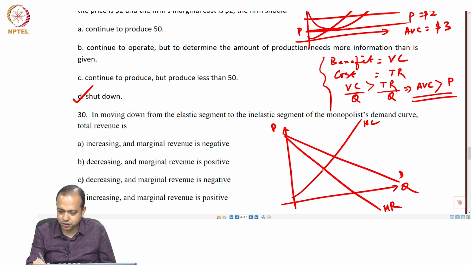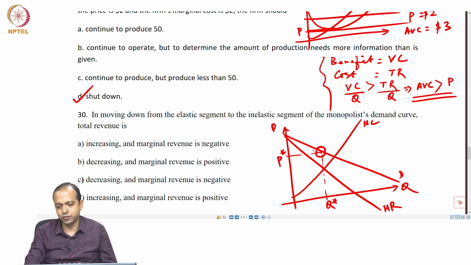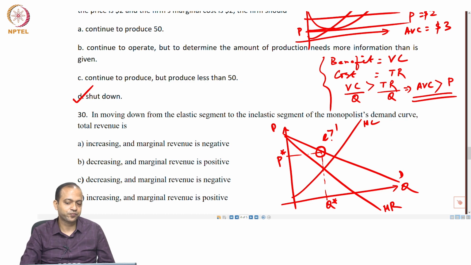So this is the equilibrium quantity, and this is the price. In the context of a monopoly, we discussed that the region where the equilibrium point exists is where E is greater than 1.